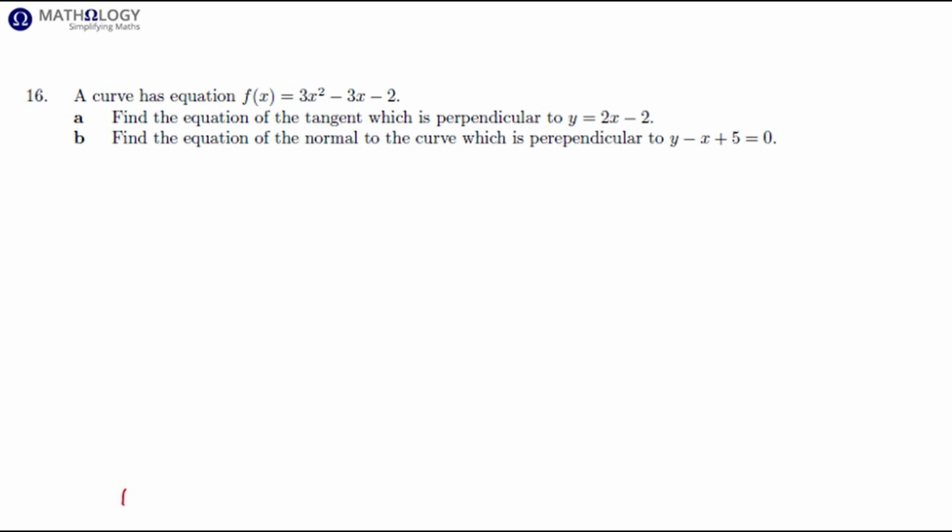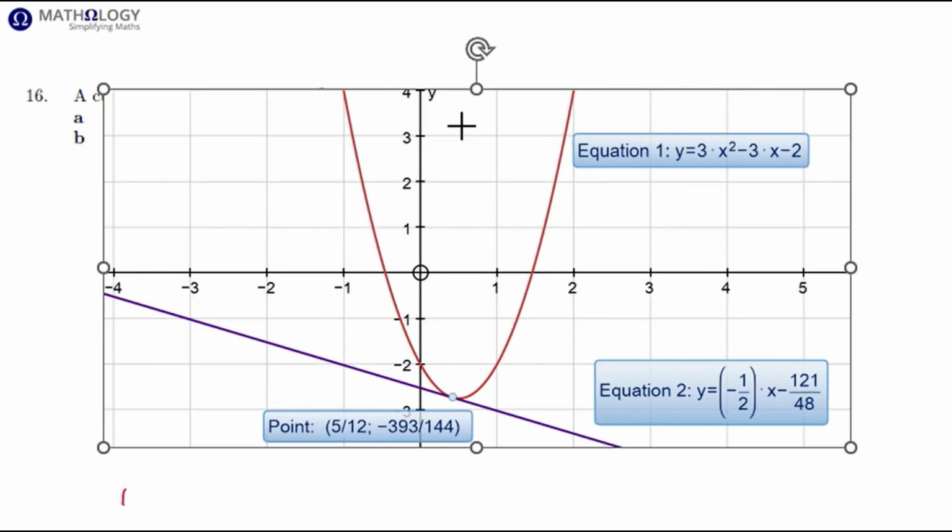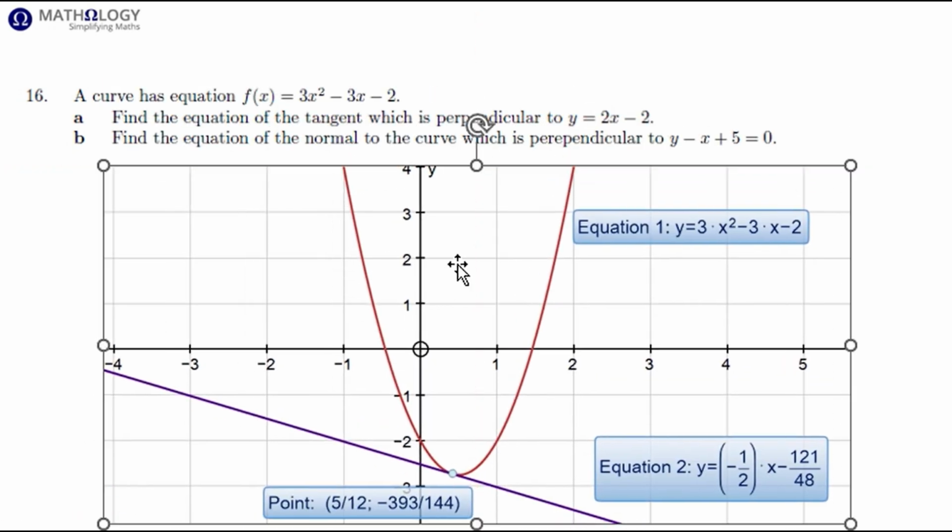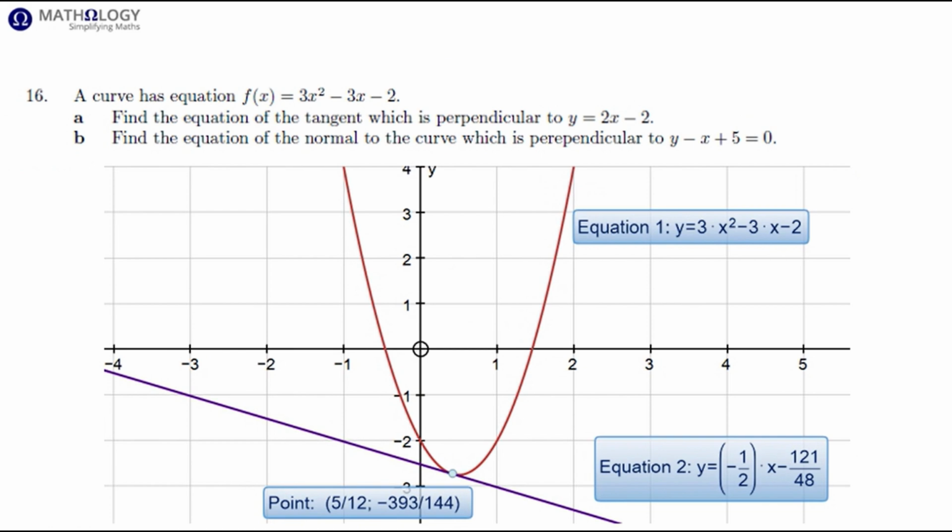Again, we can illustrate this graphically. So we've got the function f of x, which is the quadratic function. We've got the point of contact, which is 5 over 12, minus 393 over 144.